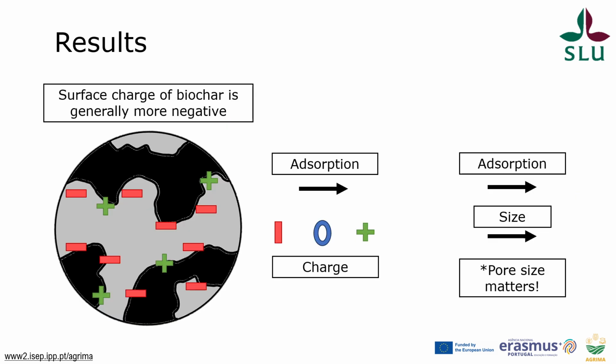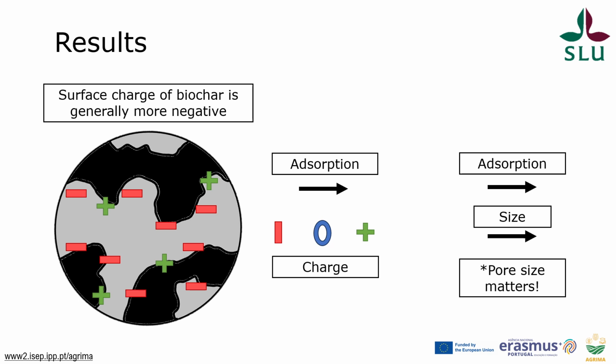So when we look a little bit into the biochar, we know that biochar is mainly negatively charged on the surface. And this correlates with our results as well, because when we look at the different pharmaceuticals we measured, we see that absorption improves for positively charged pharmaceuticals, and negatively charged pharmaceuticals don't really like to absorb so well onto the surface.